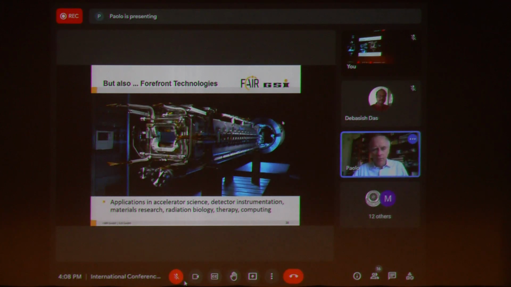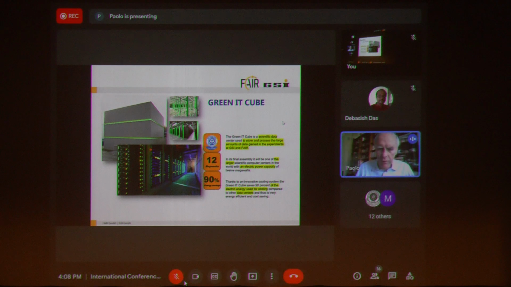Now, in doing that, we develop many different types of technologies. I will just remind you of a couple of very important ones. One is sustainable IT. We have developed one of the most energy efficient computer centers worldwide. And this led to savings in the cooling power of about 90%, which is enormous, if you think.